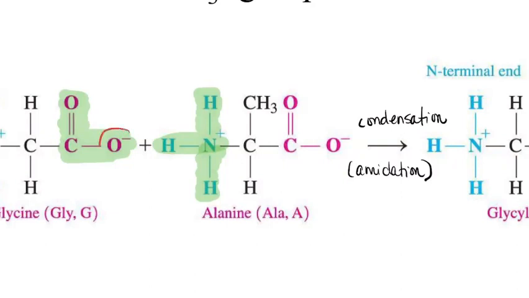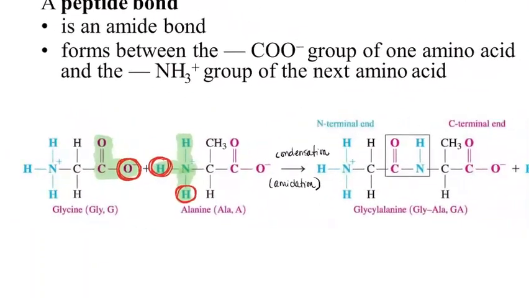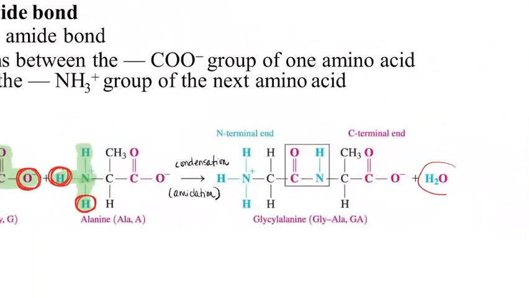Well, the carboxylate loses its oxygen. The amino group on the next amino acid is going to lose one H and another H. So whenever we have two H's combining with oxygen, we form water.